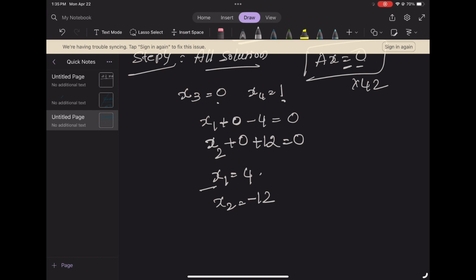Now we have x1, x2, x3 and x4. Can we write the equation? xn = (4, -12, 0, 1). We have taken the first case as x3 = 0 and x4 = 1.